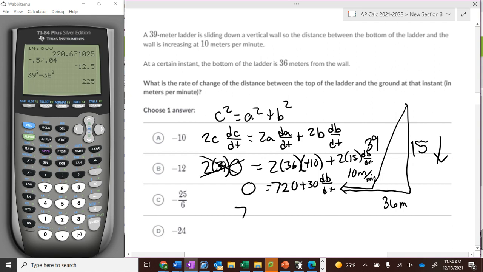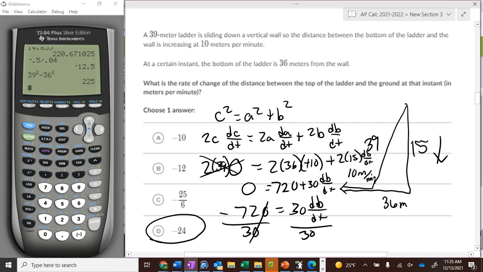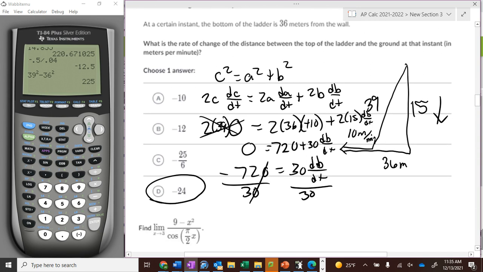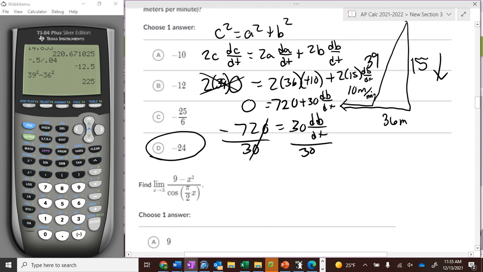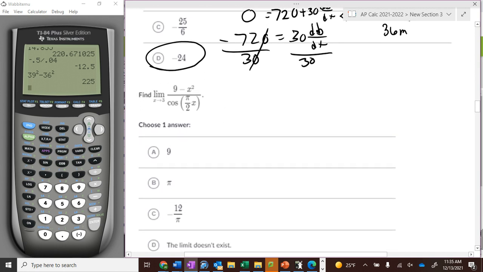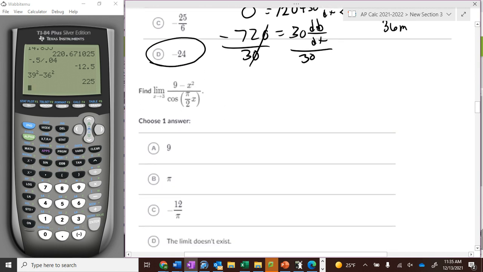If we move the 720, negative 720, and divide by 30, 72 divided by 3 is 24. Negative 24 is the answer. So it's going at 24 meters per minute down.